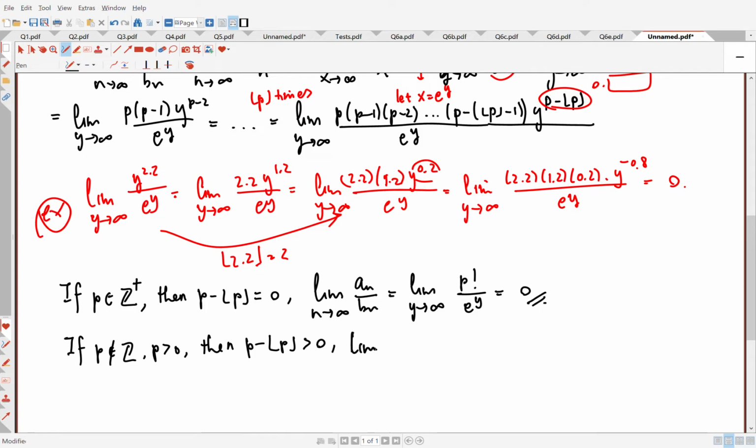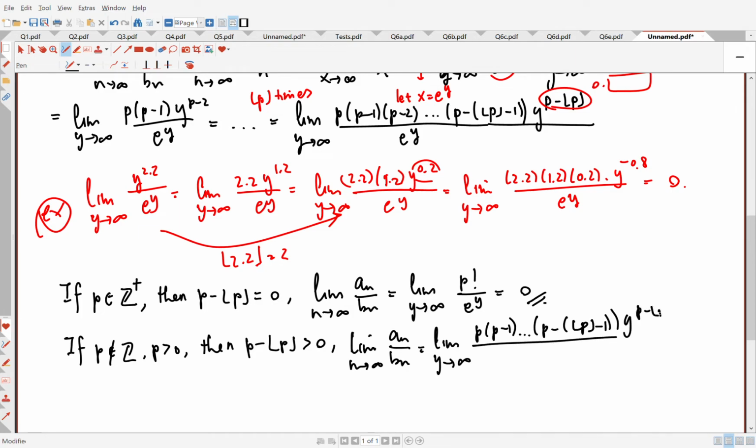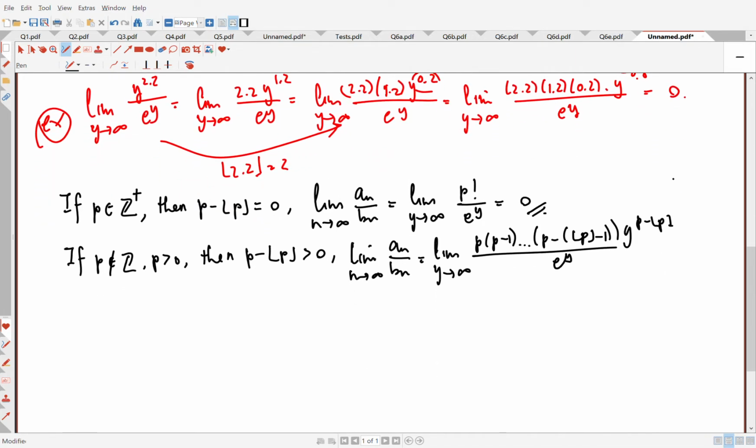So the limit as n tends to infinity of an over bn will be this expression, the limit as y tends to infinity of p times p minus 1, and so on until p minus floor p minus 1, times y to the power p minus floor p, over e to the power of y, and we can apply L'Hôpital's rule again.